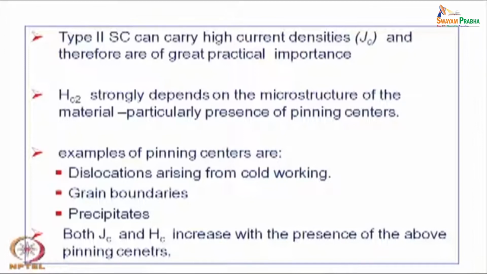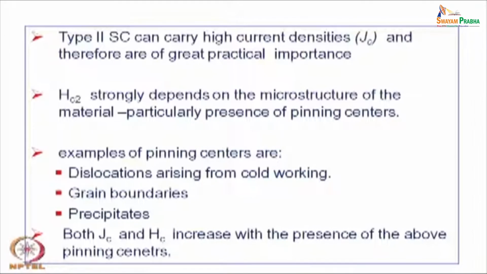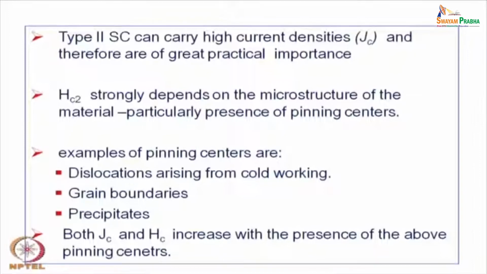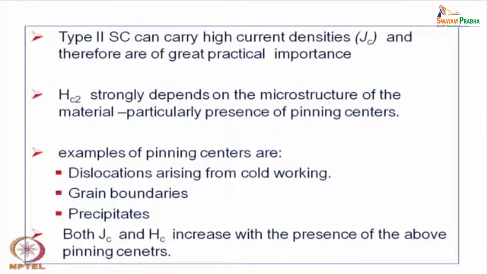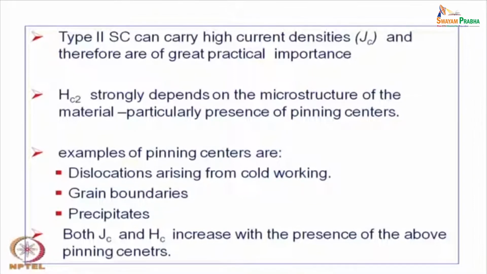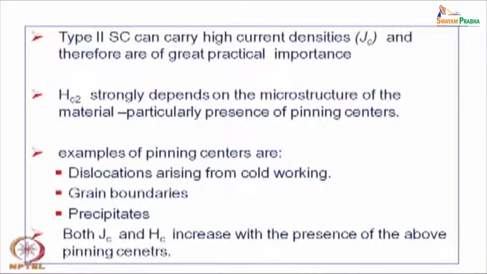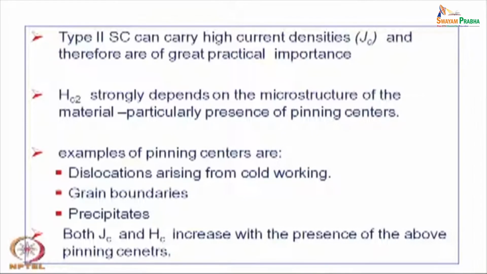So, by cold working the material, more and more dislocations can generate, and dislocations can act as pinning centers. So, they obstruct the penetration of the magnetic lines of force and thereby increase the critical Hc2 value. So, it becomes more useful.